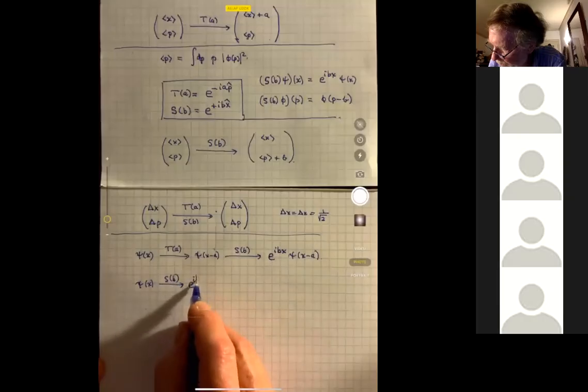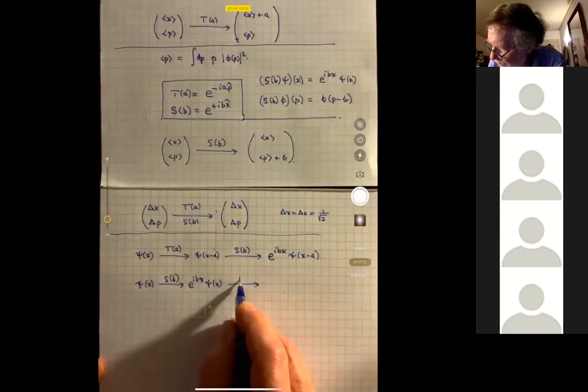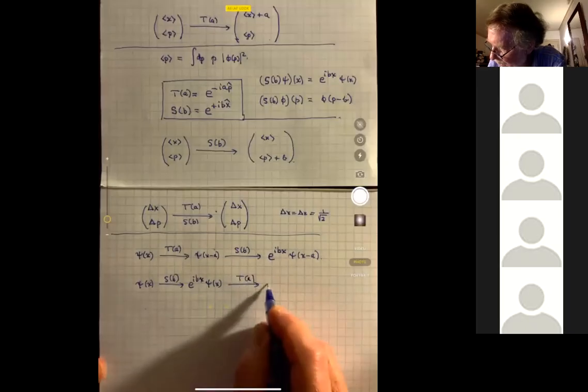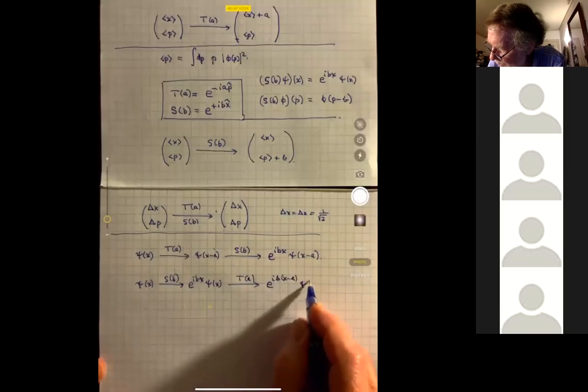I get e to the i b x times psi of X. And then I apply T of A, and I get e to the i b times (X minus A) times psi of X minus A.